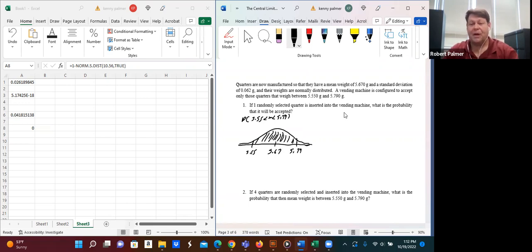Now we need to find two z scores here. I'll call z1 equal to 5.55 minus 5.67 over 0.062. Let's find that.